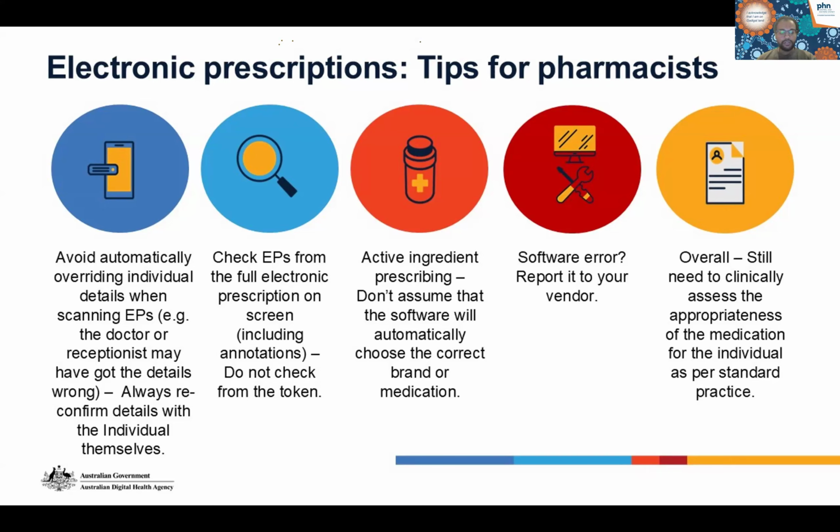Check the electronic prescriptions from the full electronic prescription list on the screen. These include annotations, so do not check from the token only. For active ingredient prescribing, don't assume that the software will automatically choose the correct medication or brand. Always check that as well.